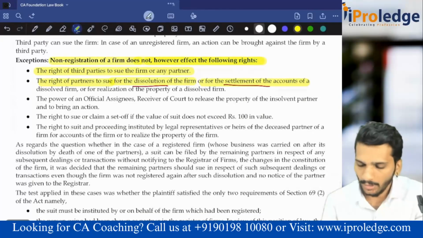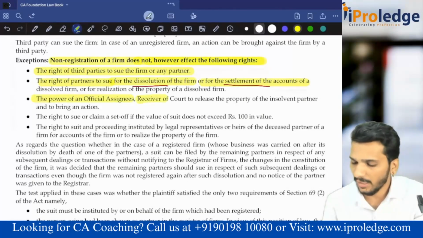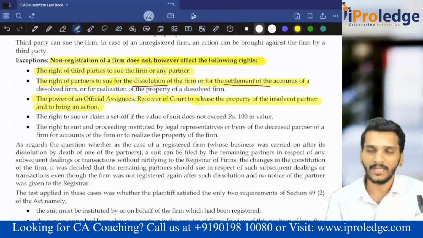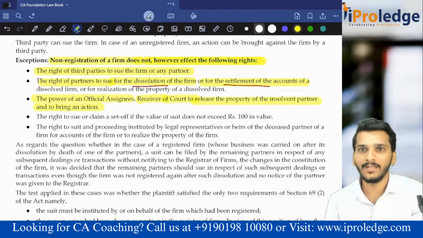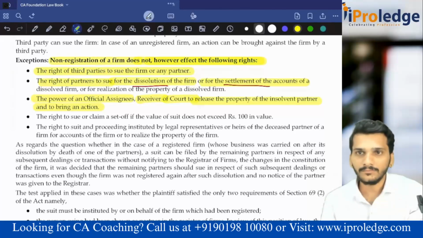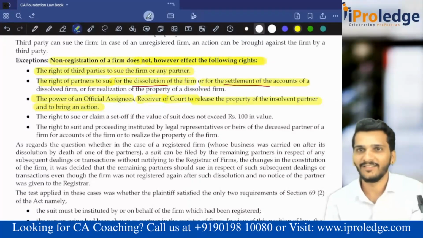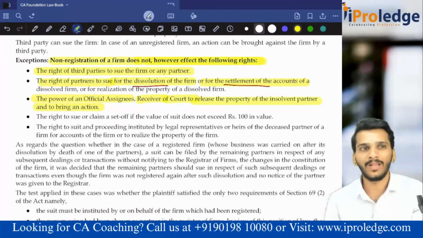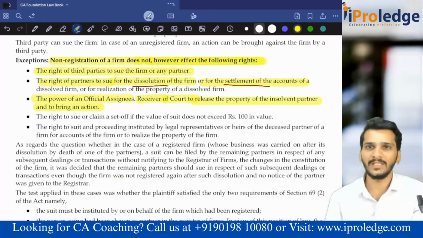Then the power of the official assignee, receiver of the court, to release the property of the insolvent partner and bring an action. That means when some partner is insolvent, what happens? The court will appoint somebody called an official assignee, or we call it a receiver. Then he has all the rights, even if the firm is not registered.